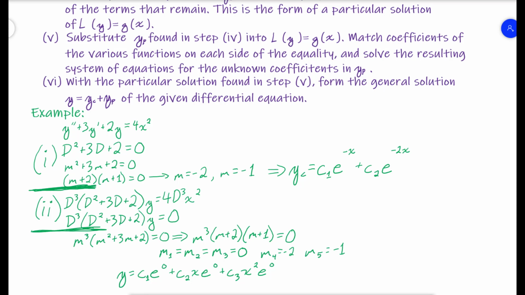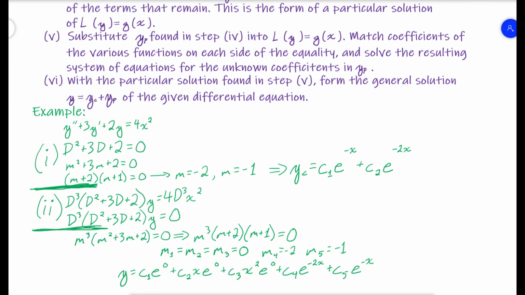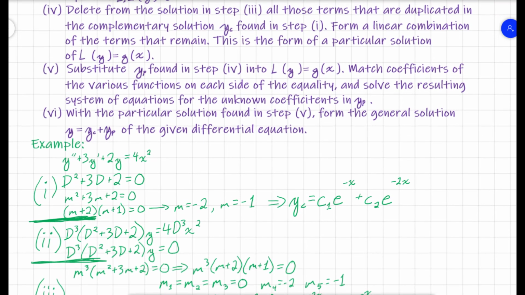And then I'll also have these two other roots, so I'll also be adding in some other constants, c4 e to the negative 2x plus c5 e to the negative x. And at this point, we've completed step 3. And we're ready to complete step 4. So let's take a look at step 4.